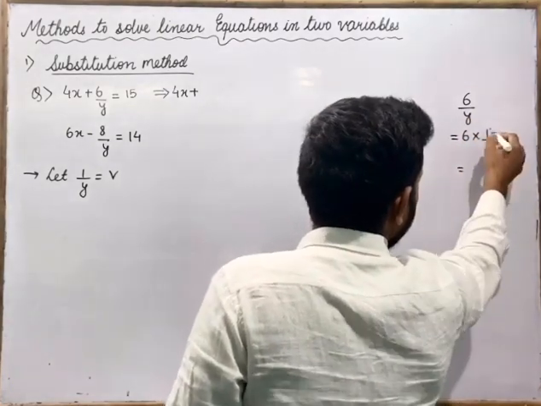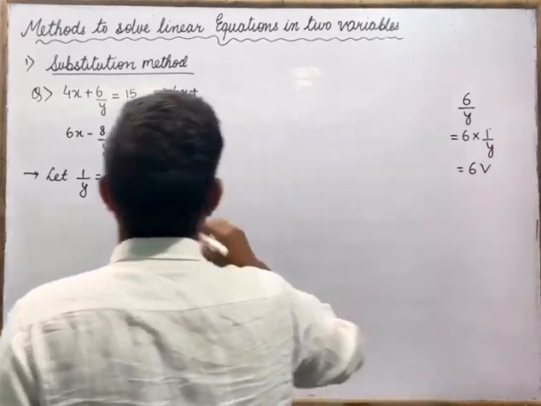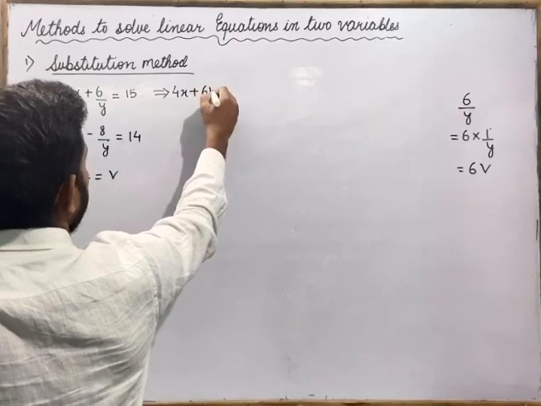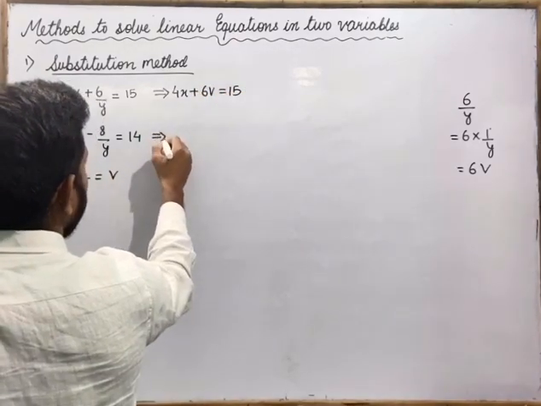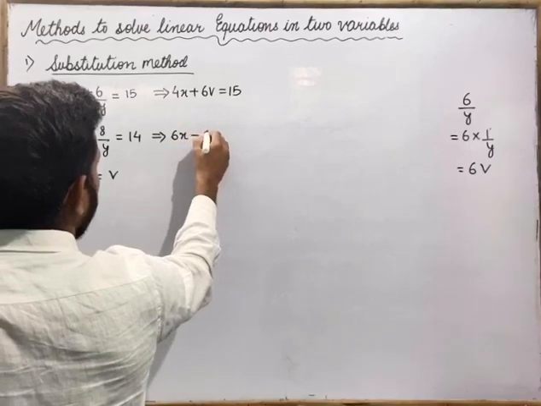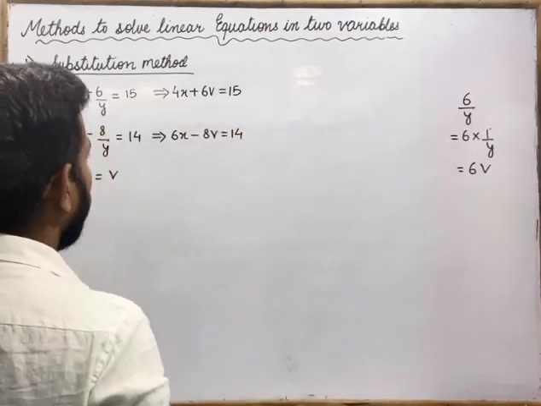So 1 by y we have taken as v, so we have written 6v. So it is 4x plus 6v equals 15. The second equation can be written as 6x minus 8v equals 14. So we will proceed with this.